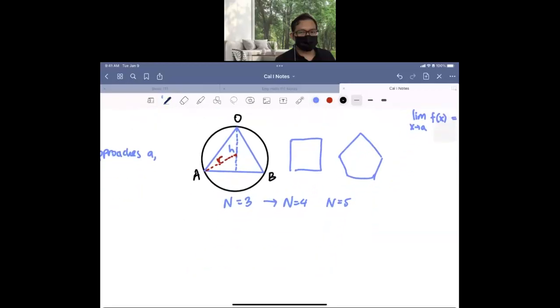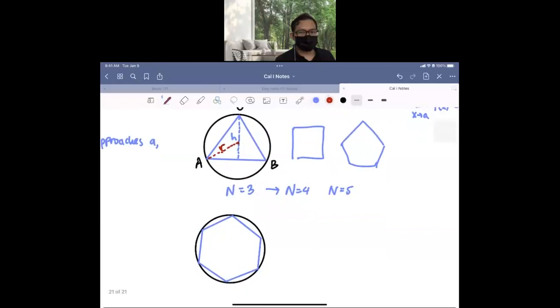Maybe let me just draw the 6th one. Let's say this is the hexagon. Okay, I think that's better.